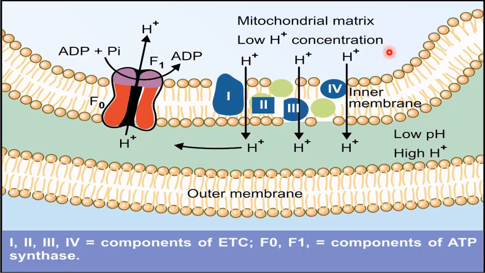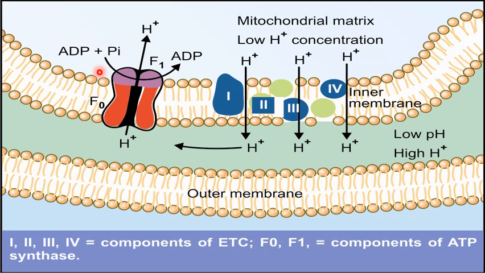And you can see there is a high concentration of H plus ions present in the inner membranous space. So these H plus ions will enter through the FO unit into the matrix, and there is a synthesis of ATP in the F1 unit through the binding change mechanism.